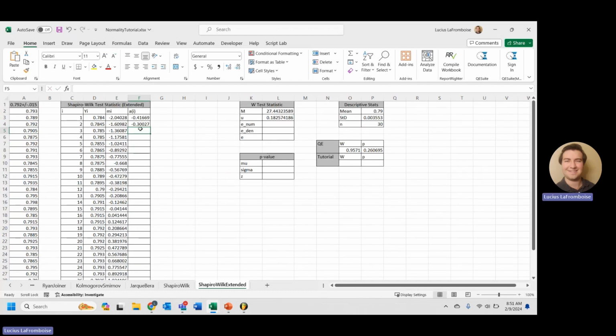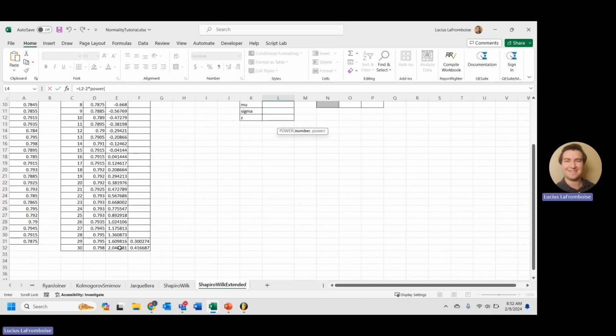Okay, so now to get everything in between, our equation is AI equals MI over square root of epsilon. So that's this E here. We need to calculate epsilon. I have it broken up into a numerator and denominator just to make things a little bit easier. So we'll start with the numerator. The numerator is capital M minus 2 times the power of MN squared minus 2 times the power of MN minus 1 squared.